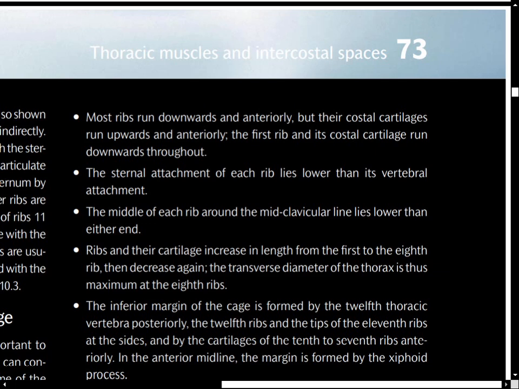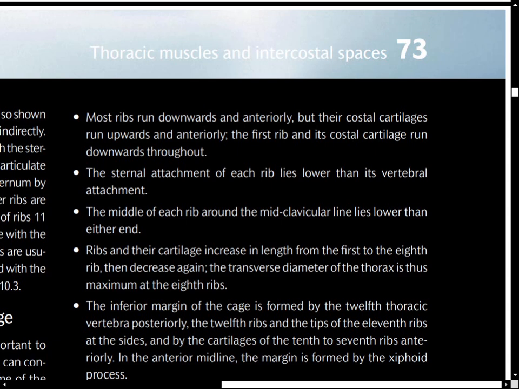Ribs and their cartilage increase in length from the first to the 8th rib, then decrease again. The transverse diameter of the thorax is thus maximum at the 8th rib.